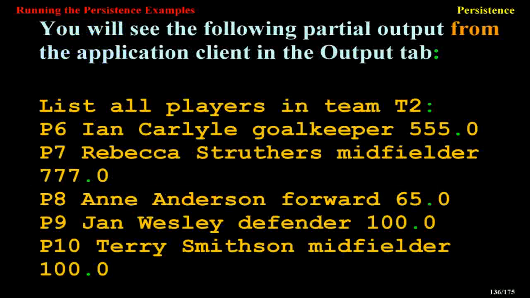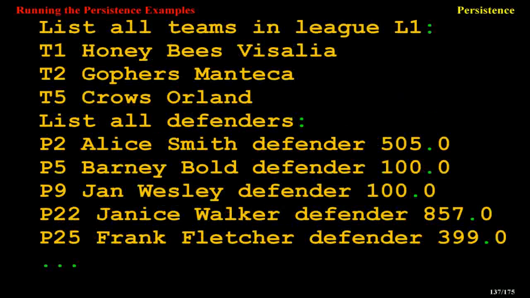List all players in Team T2. P6 Ian Carlisle goalkeeper 555.0. P7 Rebecca Struthers midfielder 777.0. P8 Anne Anderson forward 65.0. P9 Jen Wesley defender 100.0. P10 Terry Smithson midfielder 100.0. List all teams in League L1: T1 Honeybees Visalia, T2 Gophers Manteca, T5 Crows Orland.